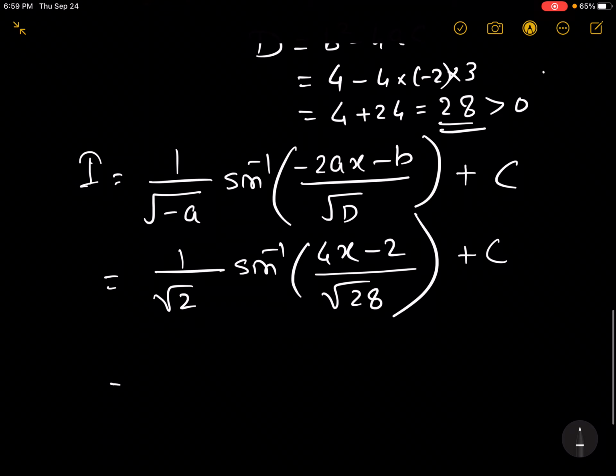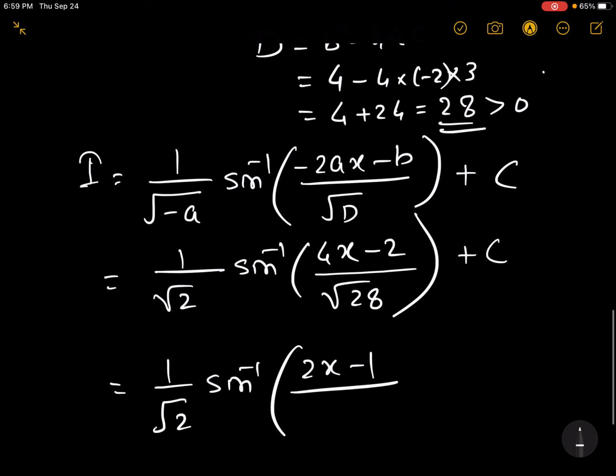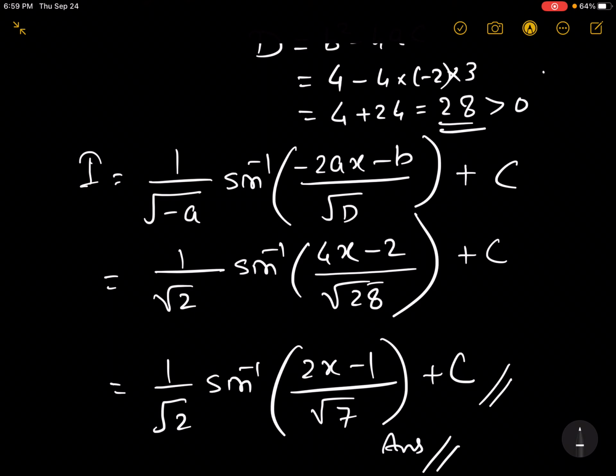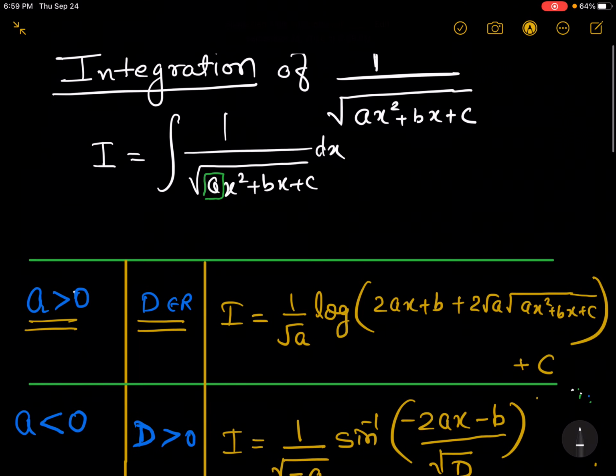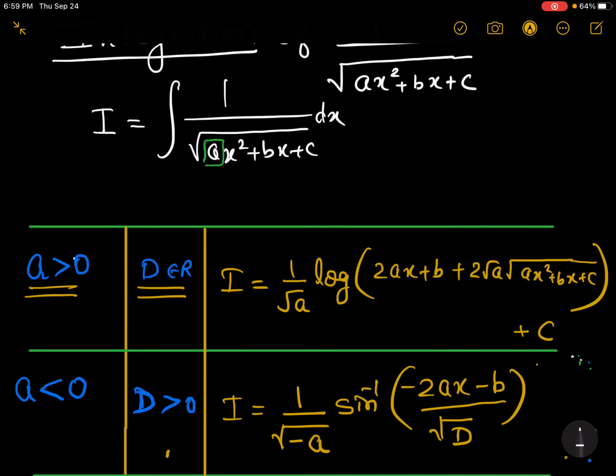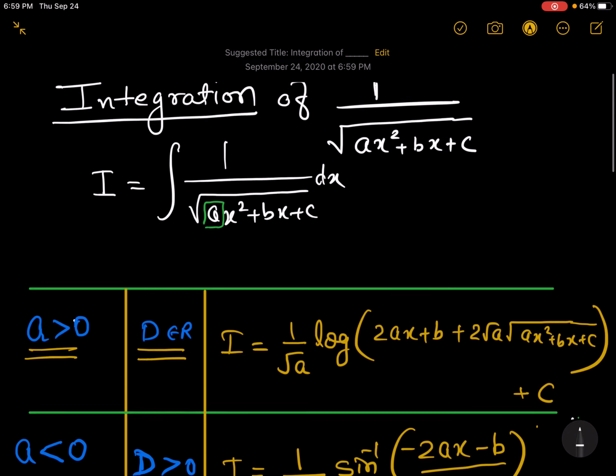We can simplify again: 1 upon root 2 sine inverse of 2x minus 1 divided by 2 root 7, plus c. That is the answer. So in this way we can find the integration of 1 upon square root of ax square plus bx plus c. This is very easy. So please try it and calculate it. Thank you.